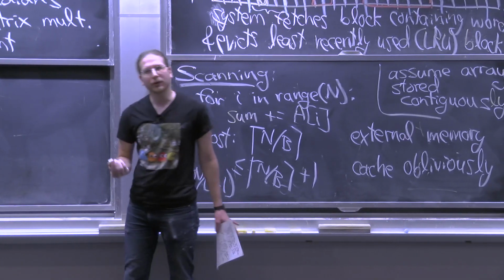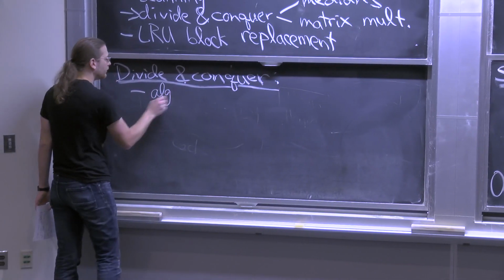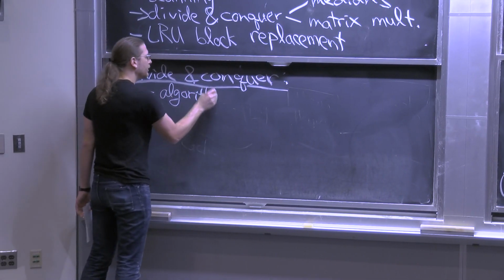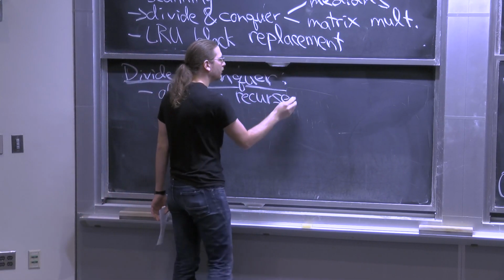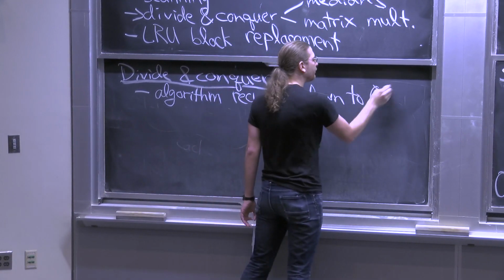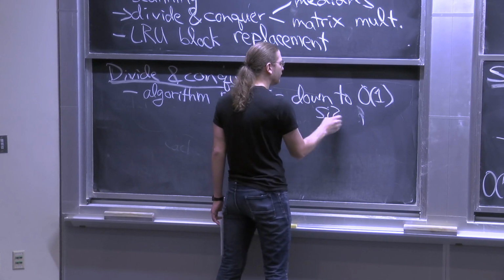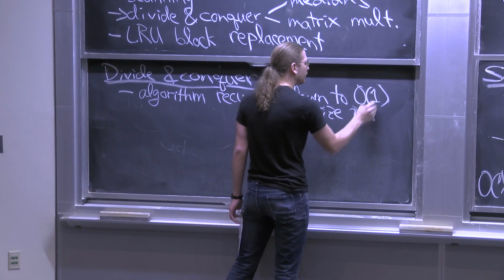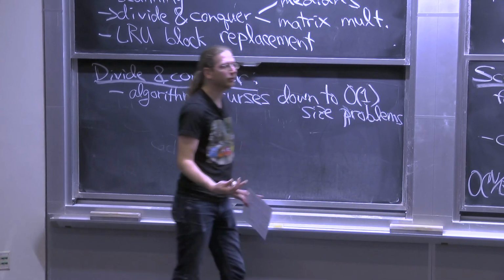So the algorithm is going to look like a regular divide and conquer algorithm. In particular, the algorithm will recurse all the way to, let's say, constant size problems, whatever the base case is. So same as usual.